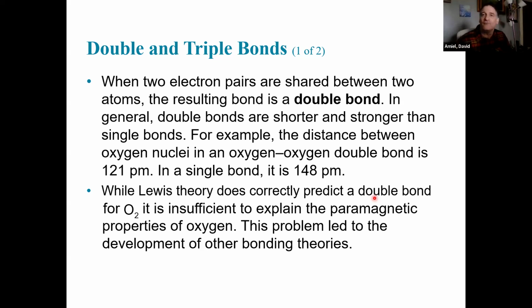That's an example of why you need another theory, because Lewis theory does not predict all of the behaviors of all the molecules. In this case, it does not explain the magnetism of oxygen. Need another theory for that, beyond the scope of the class, we're not worried about it.